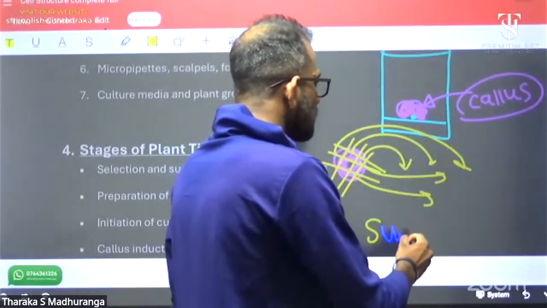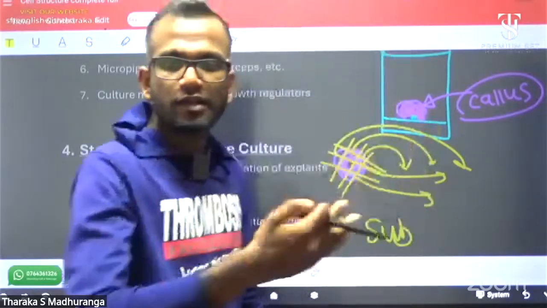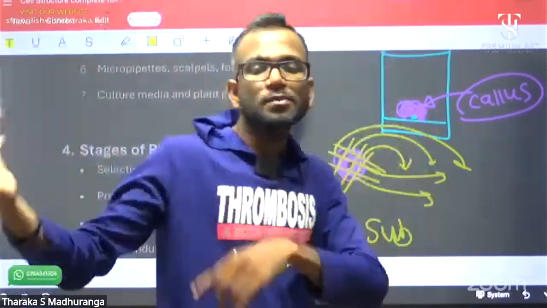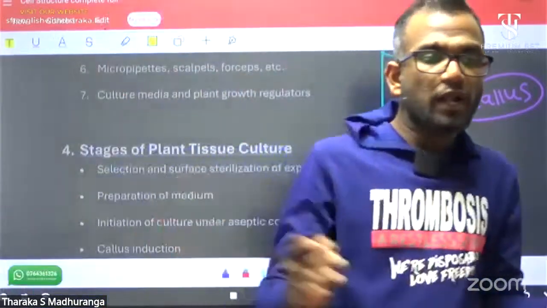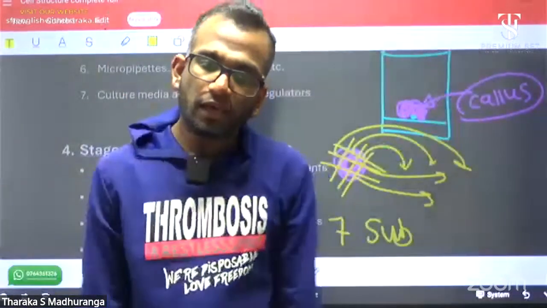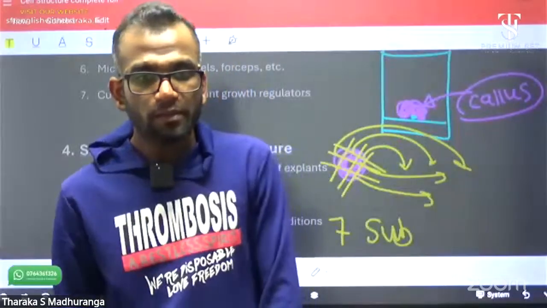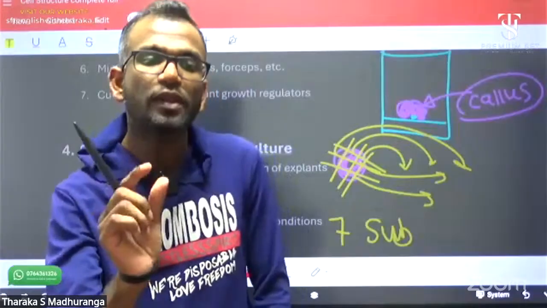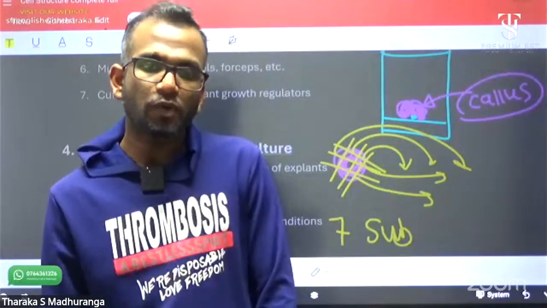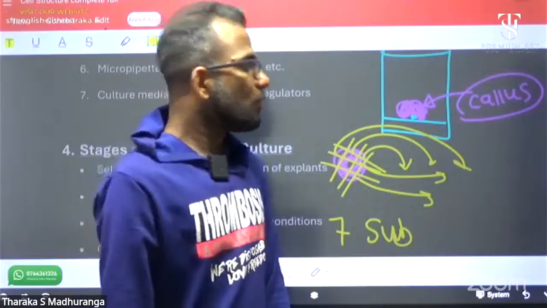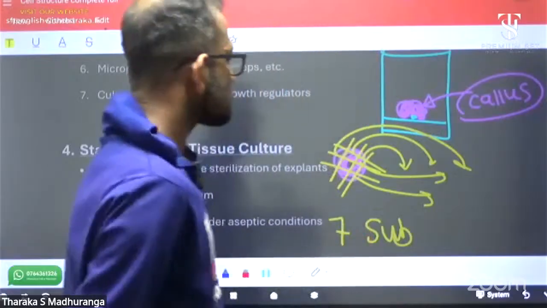Subculturing means the callus is cut and placed in another medium. So from one explant we can make about 1000 plants. More than 1000 plants can be produced from a small explant. Understood?